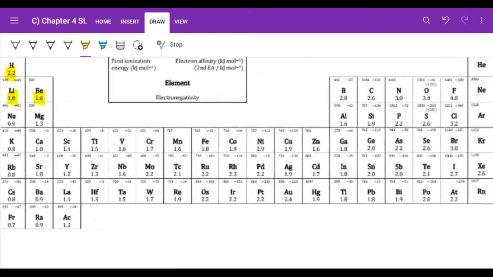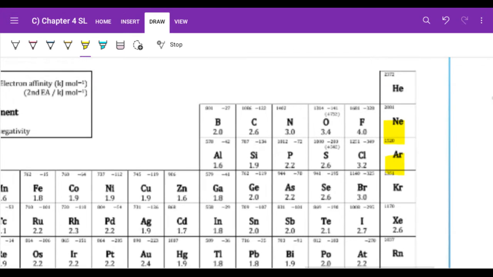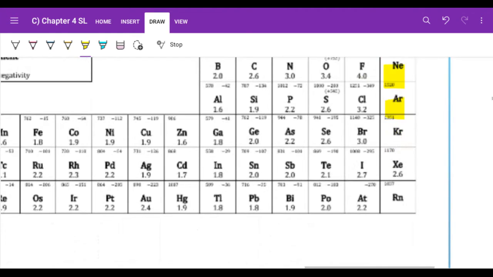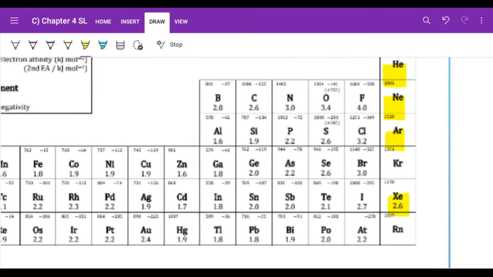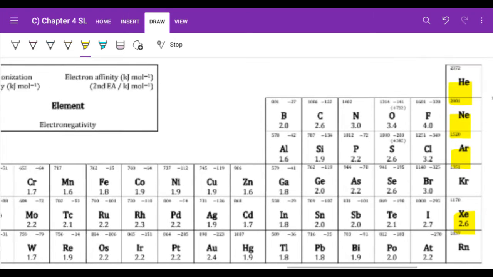But some atoms don't have electronegativity, such as neon and argon, because they already have a stable octet. But some group 18 elements have electronegativity, such as xenon, because xenon is an exception compared to the other noble gases. Xenon can form covalent bonds actually. So this we call the electronegativity value.